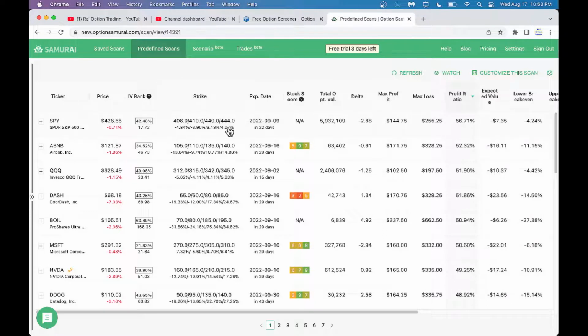So if you sell this iron condor, you have your maximum profit of 144, your max loss 255, and profit ratio is about 56.71%. So you could look at these types of ideas and trade the market. Depending on what the market is doing, you could leverage this strategy.